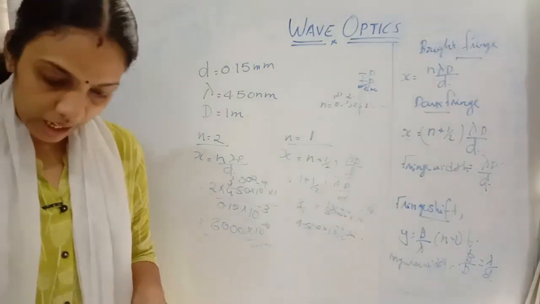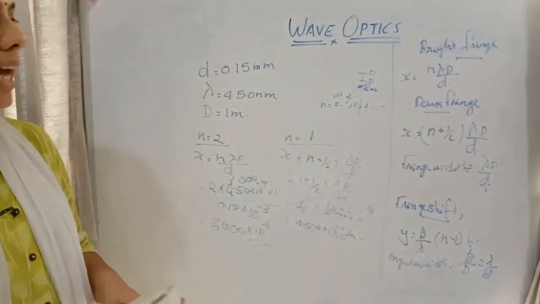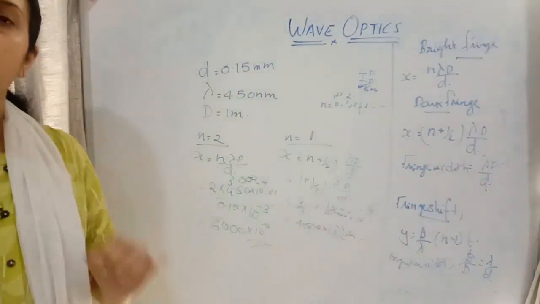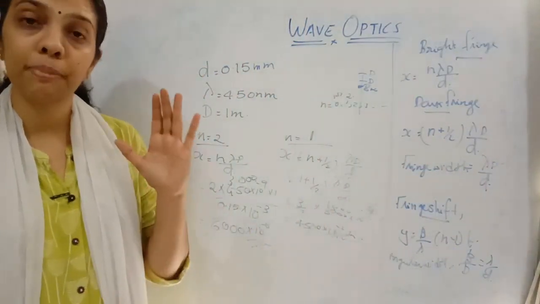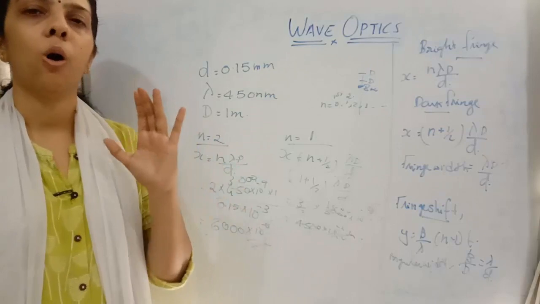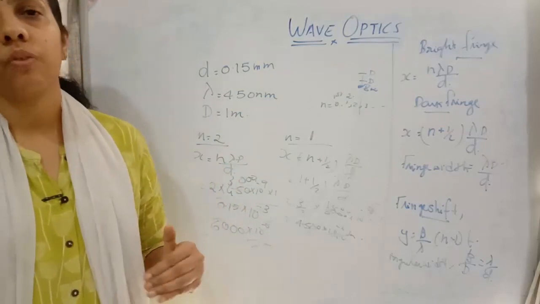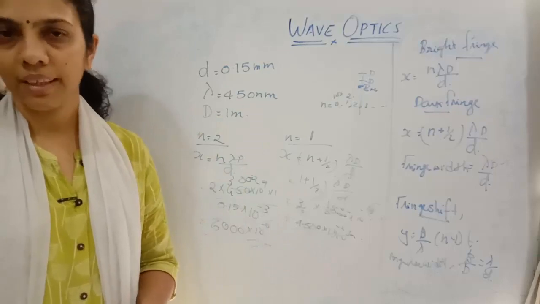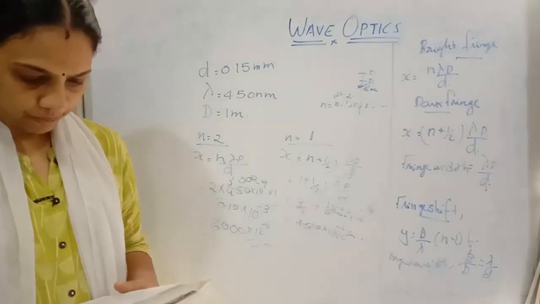As capital D increases, fringe width also increases. The distance between two bright fringes or the distance between the dark fringes will be increasing. Okay, clear?